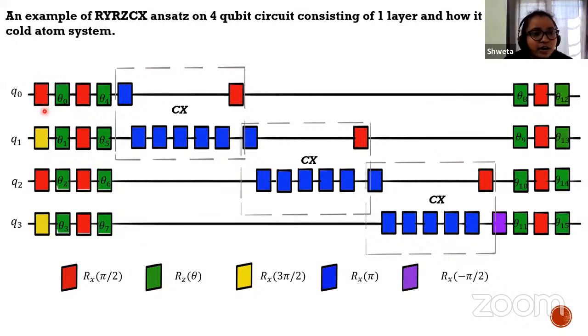After that, we also have to implement an RY gate, which will be broken down into 3 gates: RX minus pi by 2, RY theta naught, RZ theta naught, and RX pi by 2. Those RX pi and RX minus pi by 2 combine to make an RX pi by 2 gate only. So it is the first gate on the Q0 qubit.